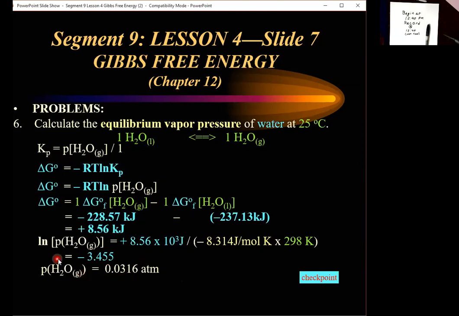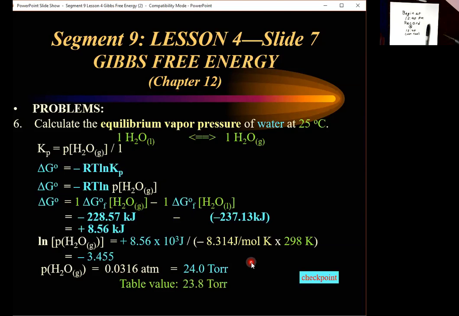Then if I raise both sides to the e power, e to the minus 3.455 is 0.0316 atmospheres. We convert from atmospheres; 1 atmosphere is 760 torr. So the value that we calculate is 24.0 torr.